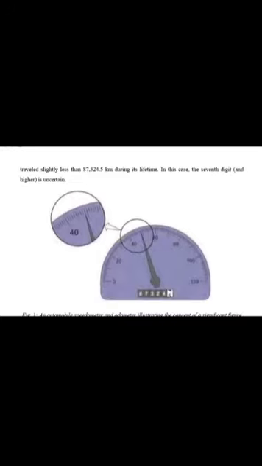Since it's between, we can also say that it's approximately, for example, 48.8, or someone might say it's 48.9. It is safe to say that we are traveling 48 or 49.